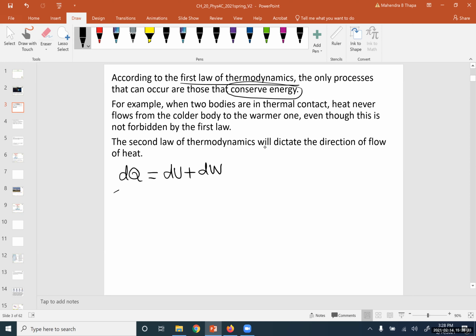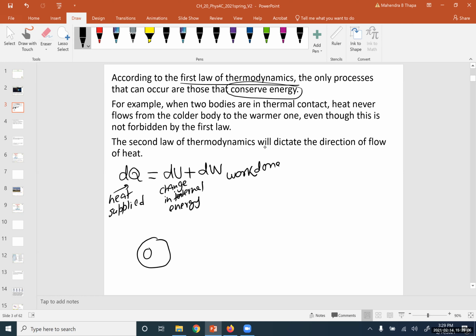So dq is the heat supplied, du is the change in internal energy, and dw is the total work done.